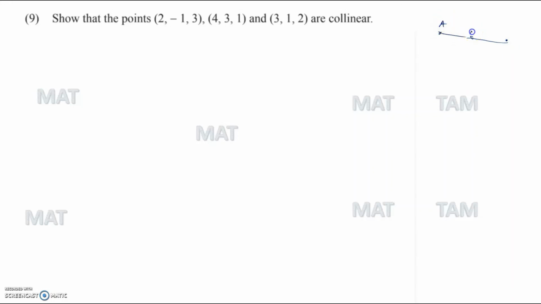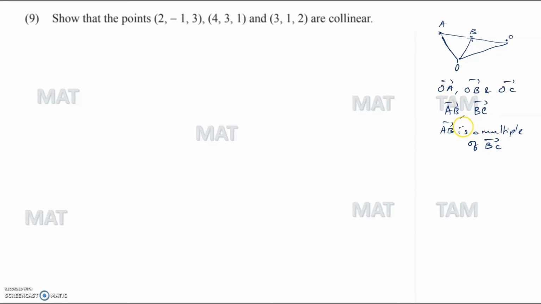Okay, so let's call these A, B and C points, and if we take the position vectors, then we are given the points, so we can find OA vector, OB vector and OC vector, then from there find AB vector and then find BC vector, and if we find that AB vector is a multiple of BC vector, then they are collinear.